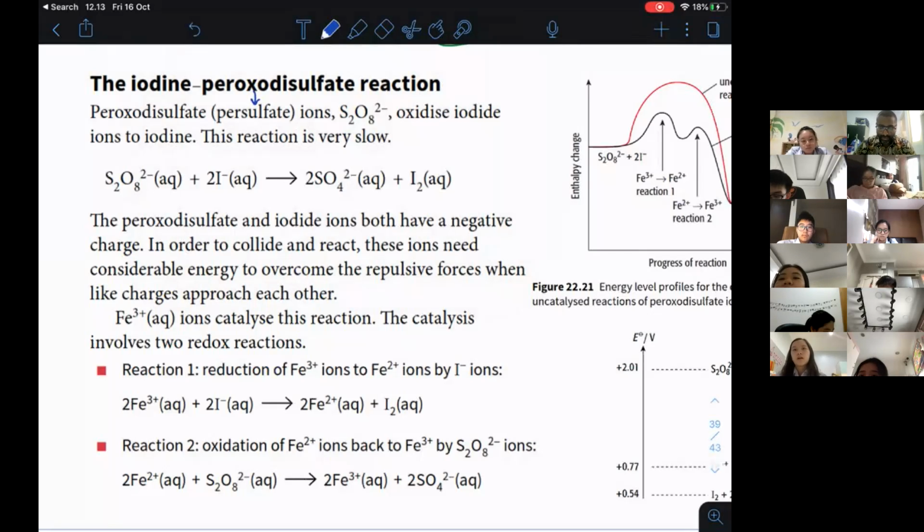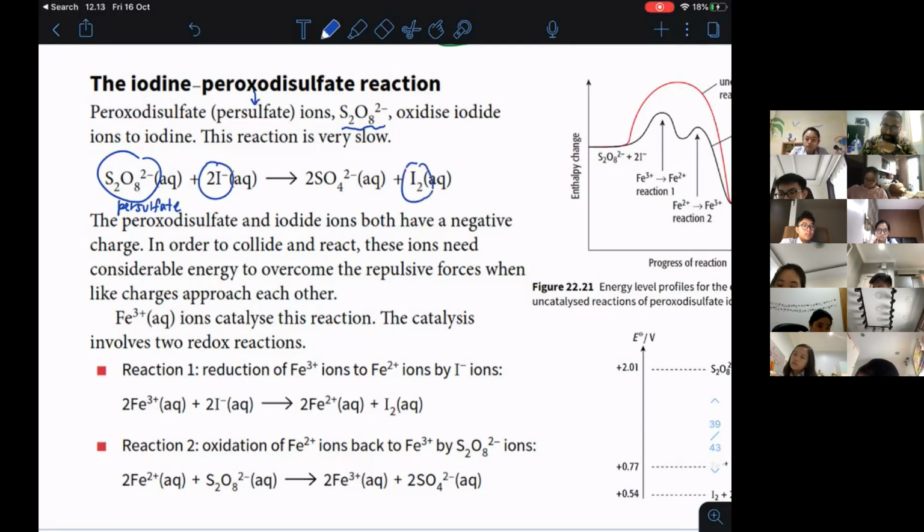Persulfate ions is S2O8 2 minus. Now these persulfate ions will oxidize iodide ions to iodine. The reaction is very slow. So they will react with this to give you this.